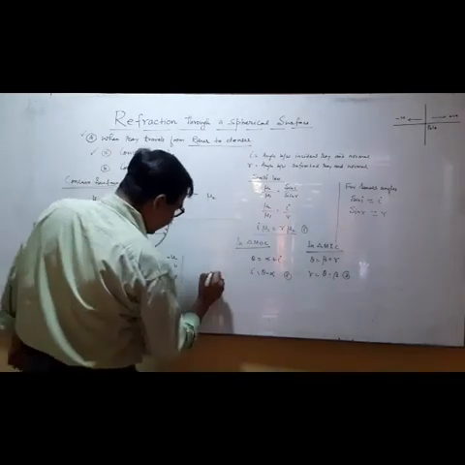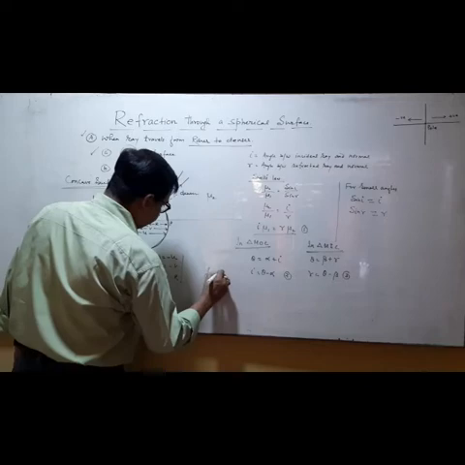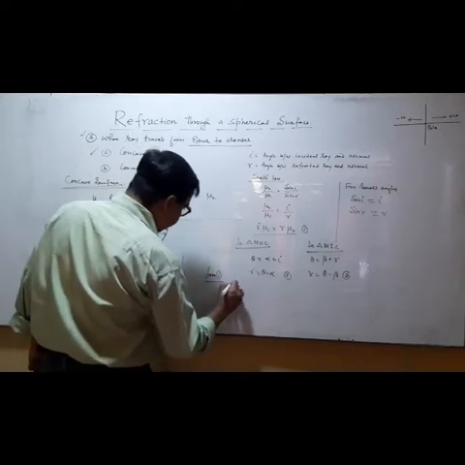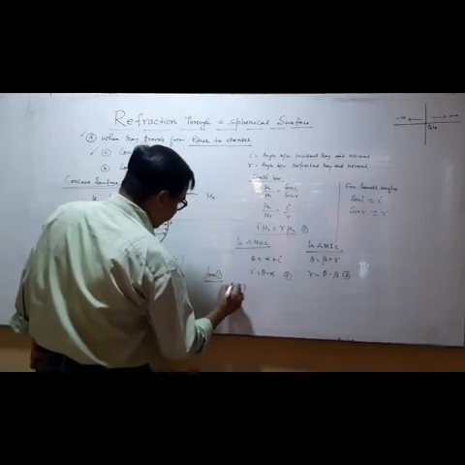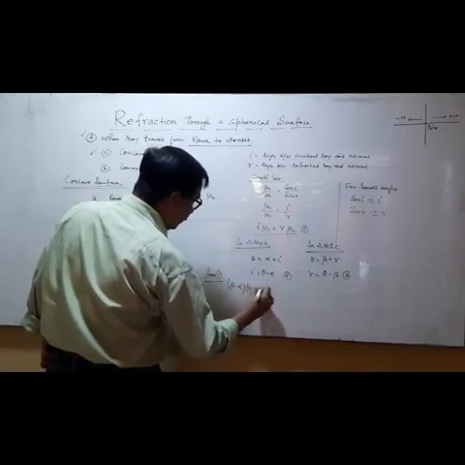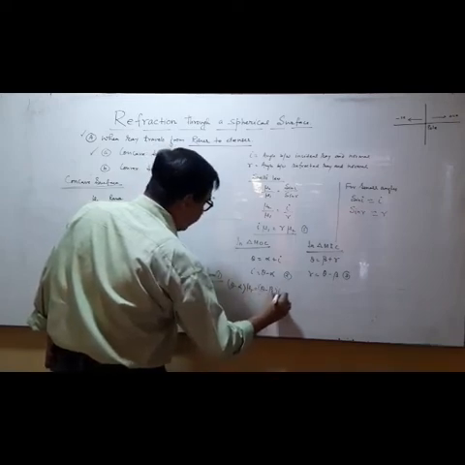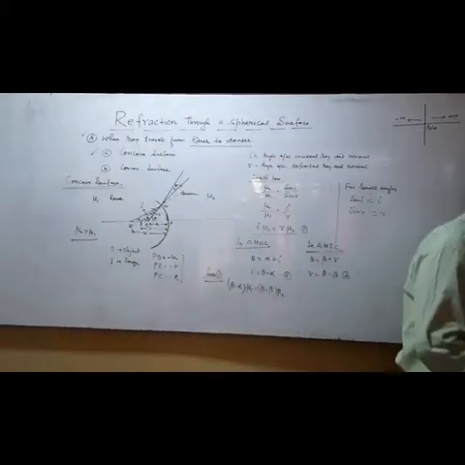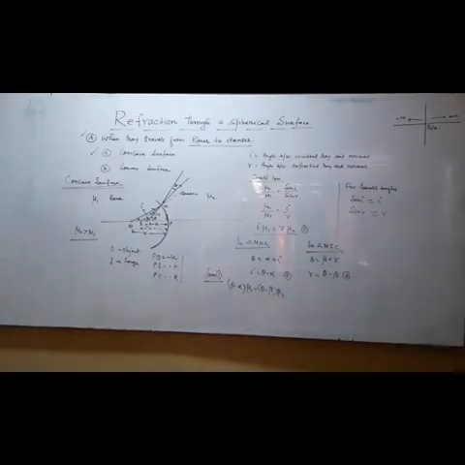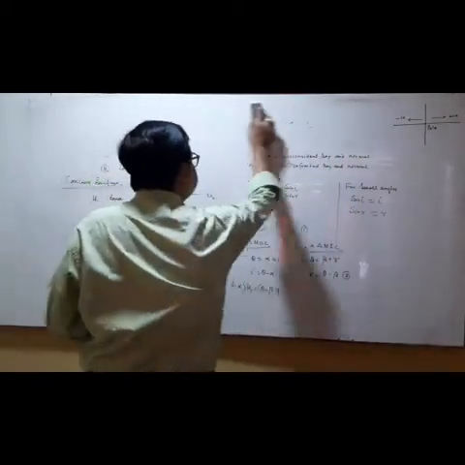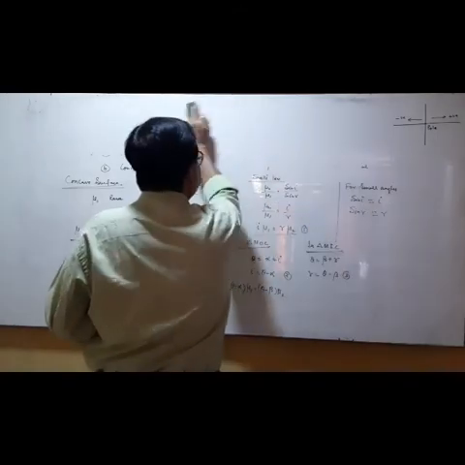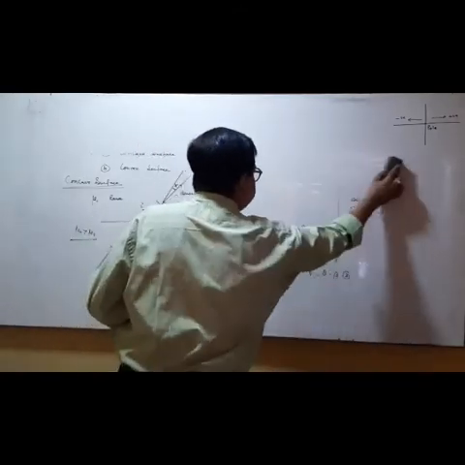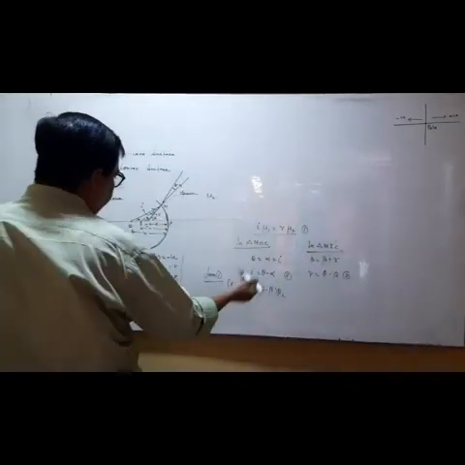So from 1 now we can write theta minus alpha into mu 1 is equal to theta minus beta into mu 2. Now open the bracket.